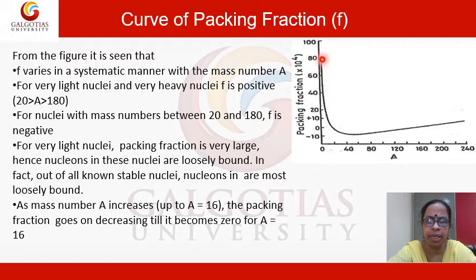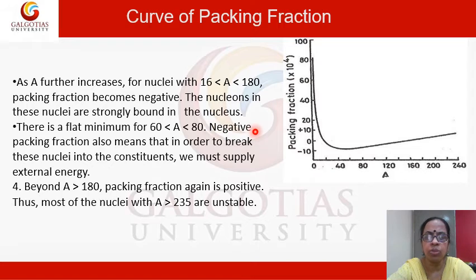As mass number A increases up to A is equal to 16, the packing fraction goes on decreasing till it becomes 0 for A is equal to 16. Now as A further increases, for A greater than 16 and less than 180, packing fraction is negative. That means these nucleons are strongly bound to the nucleus.